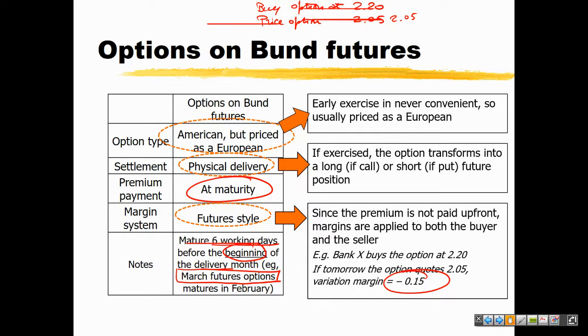It means it's the option on the future maturing in March, okay? But since the March future delivers on the 10th of March and ends up trading on the 8th of March, the standard is that the option finishes well before that. So it's 6 working days before the end of February. So the September contract matures in August, the March contract matures in February, and so on and so forth. But this is not crucial, just to understand my next examples, okay?